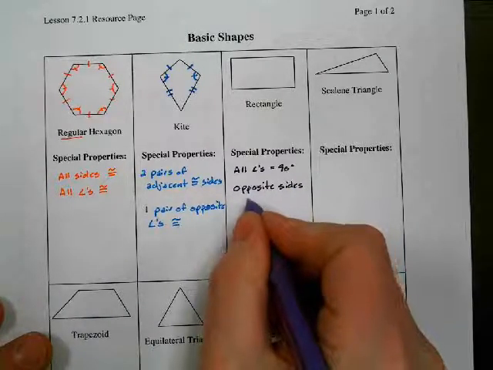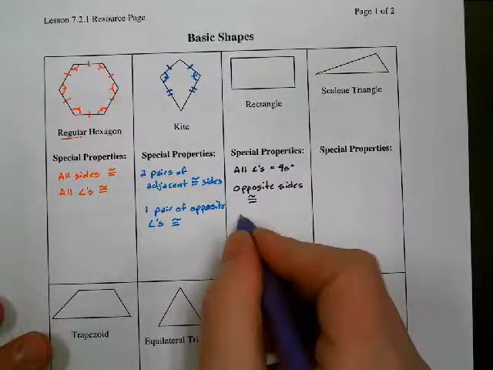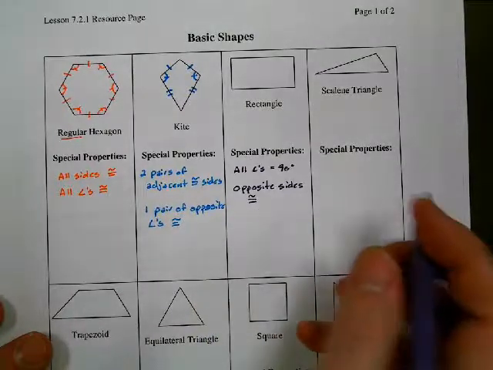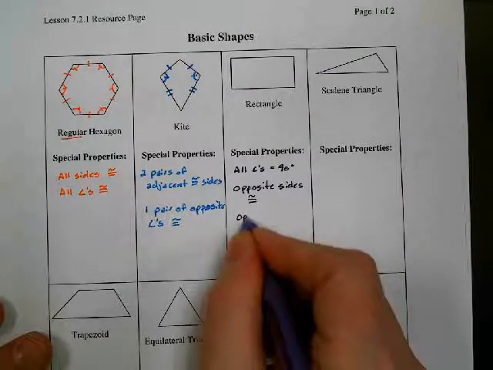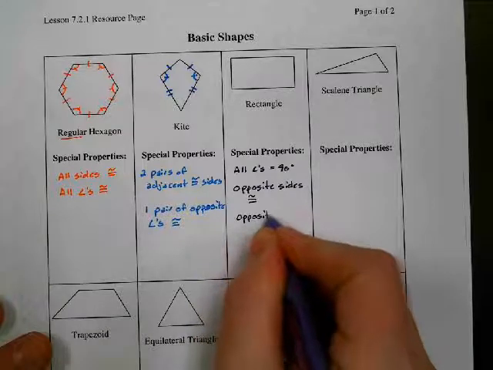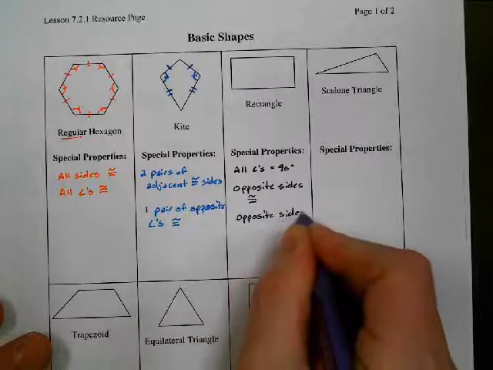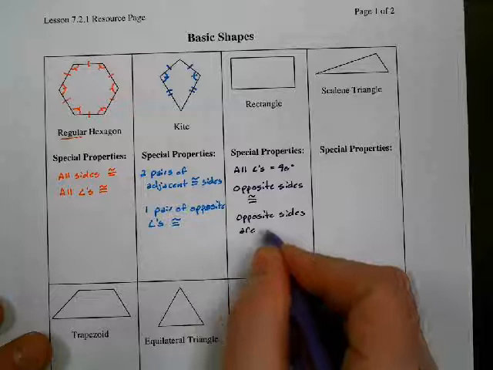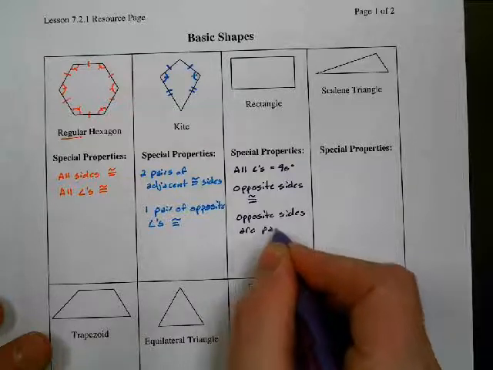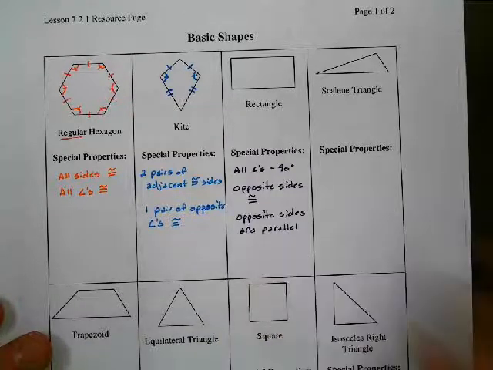And opposite sides are parallel. So all these angles are 90.